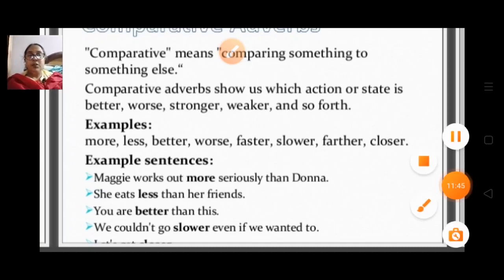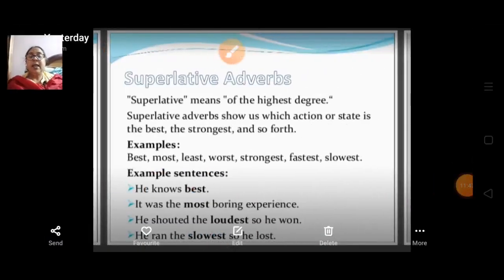Now we are moving to the next slide, the next degree of comparison, which is superlative adverbs. Superlative means of the highest degree, or in simple words, beyond any comparison. Superlative adverbs show us which action or state is the best, the strongest, and so forth.